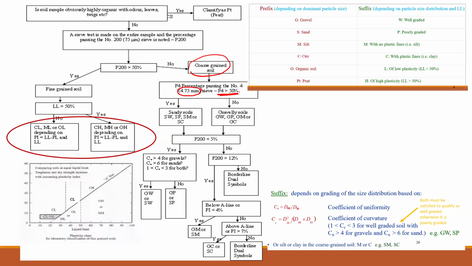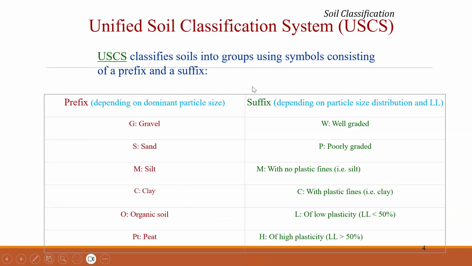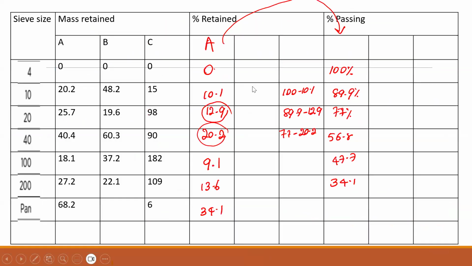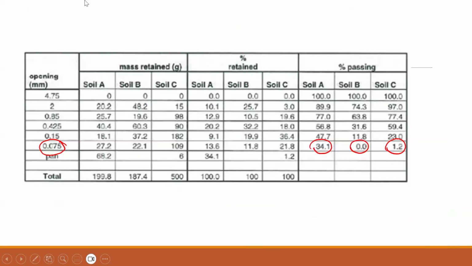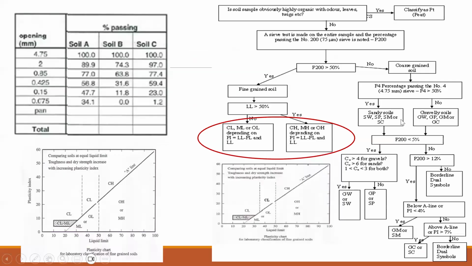Let's go back to the percentage passing from the 4.75. That is 100, 100, 100. So all three will be more than 50%, so that is all going this way.